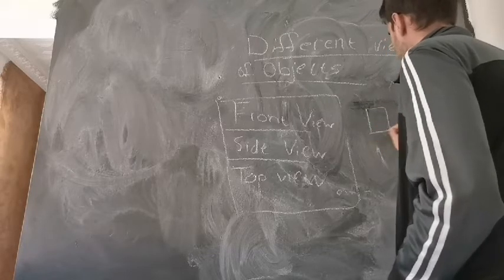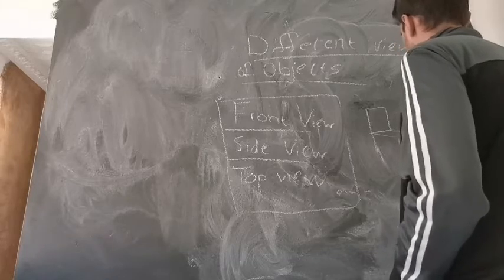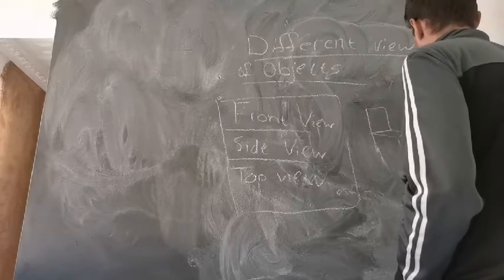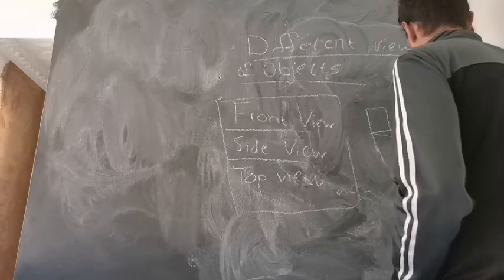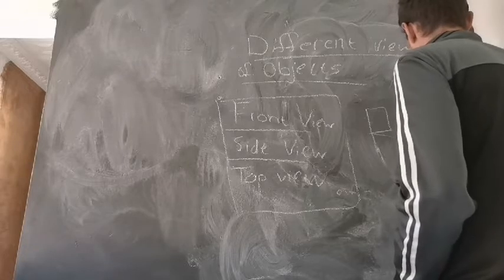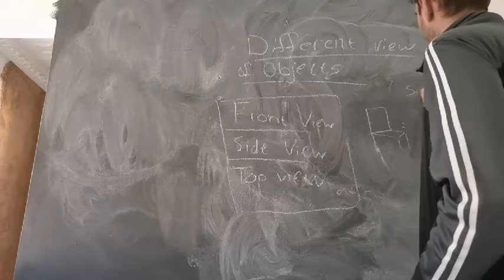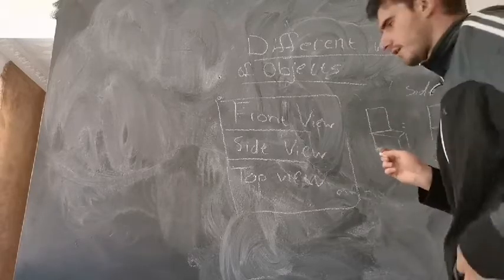This is how our chair looks in general. Now, what we will see from the side view is the following. We'll see that our chair will look like this. Okay, so this is our side view. So it's how an object looks from the side.